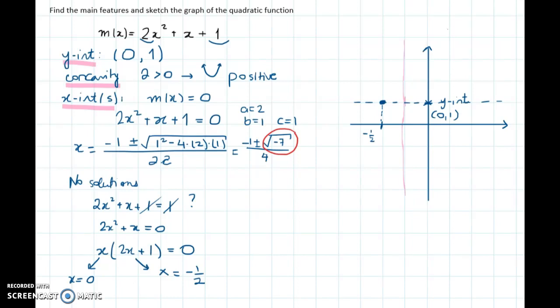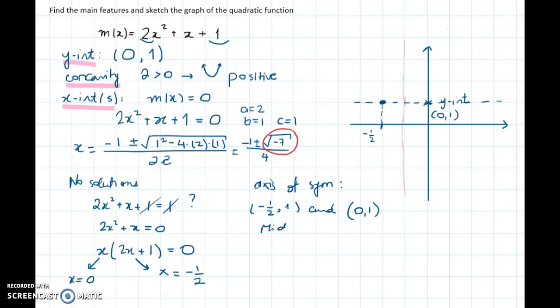So we are going to write that for finding the axis of symmetry, we need to find the midpoint between (minus 1/2, 1) and (0, 1).